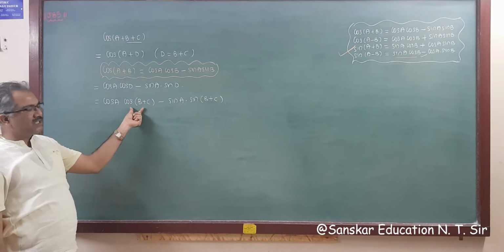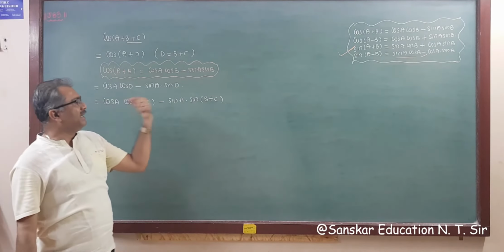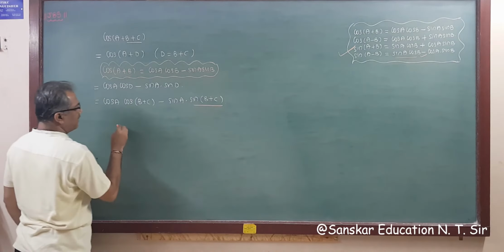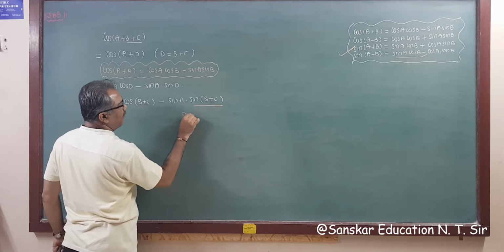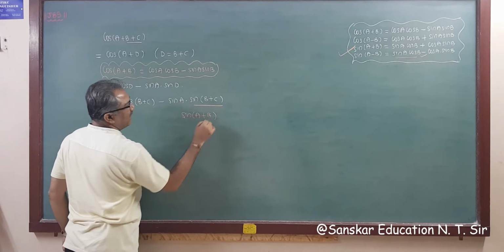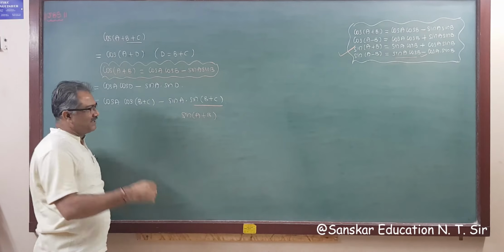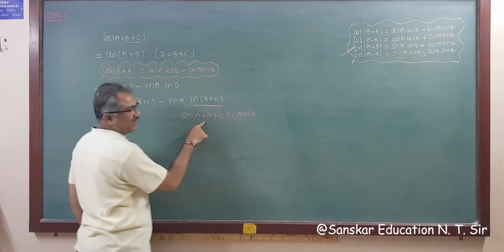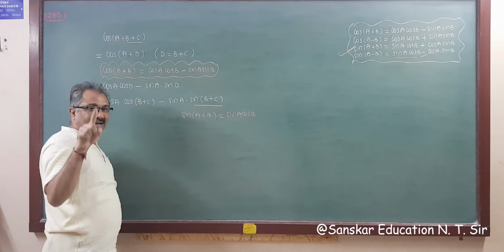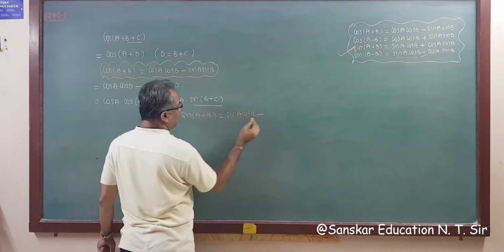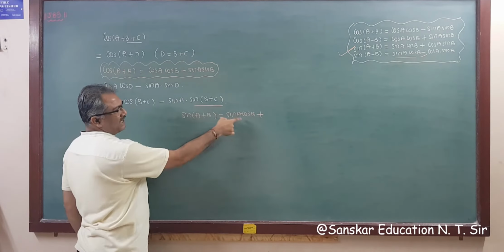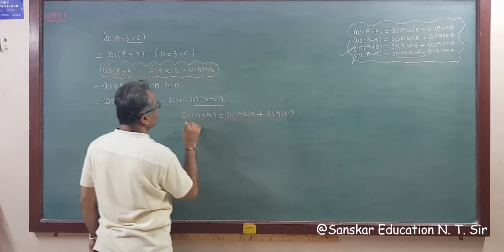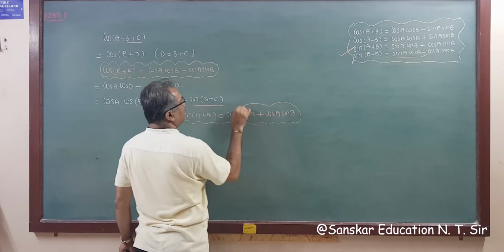Now again this is the cos formula, so applying cos formula, and here this is sin formula, and you know sin formula, sin(A+B) is sin A cos B plus cos A sin B. In sin one cos, no sign change, sign alter, right? This is the formula, right?